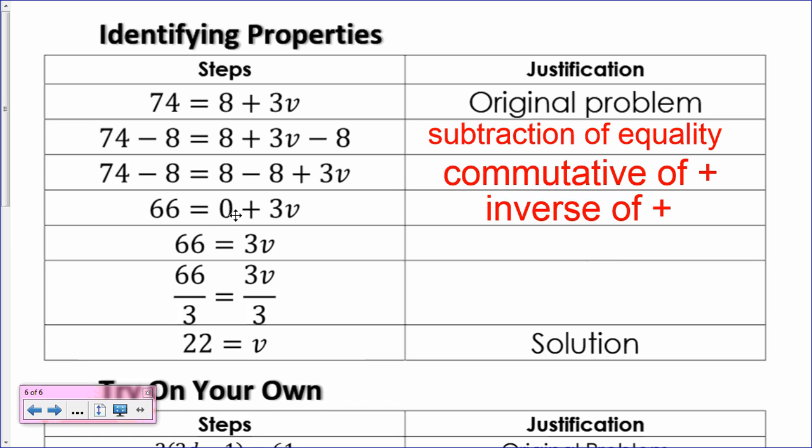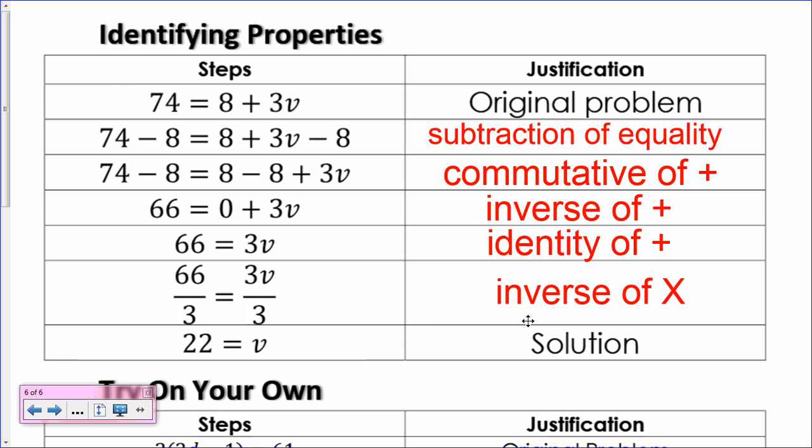Alright, then we have 66 equals 0 plus 3v, changing to 66 equals 3v. So the 66 didn't change at all, but the 0 plus 3v changed, and that's actually our identity property of addition. So, going from 66 equals 3v to 66 divided by 3 is equal to 3v divided by 3, I'm dividing by 3 on both sides. This is a little weird.